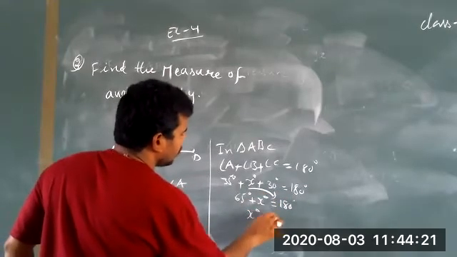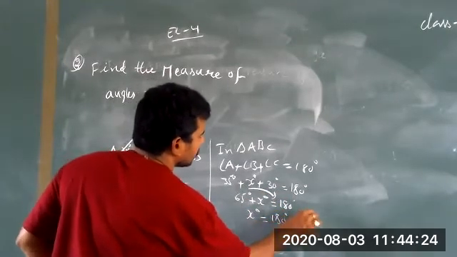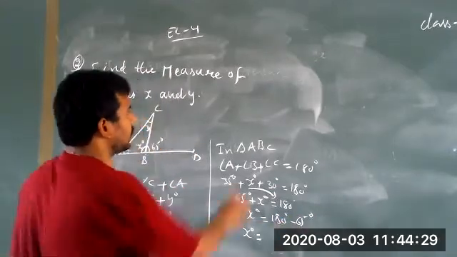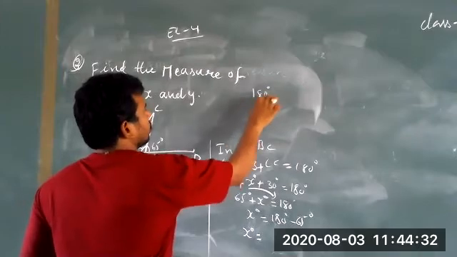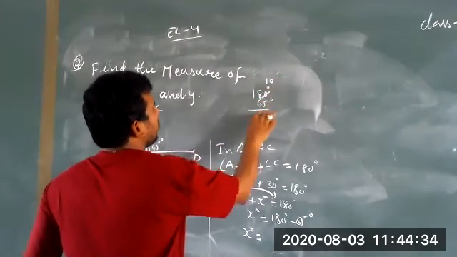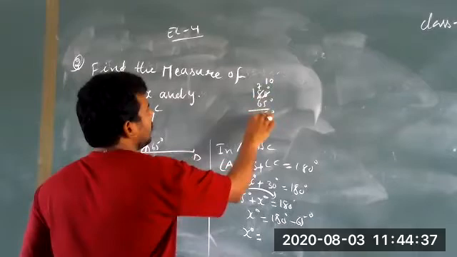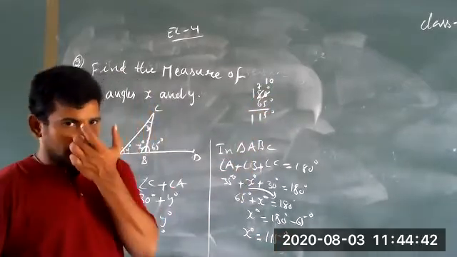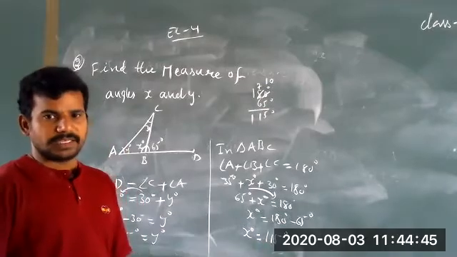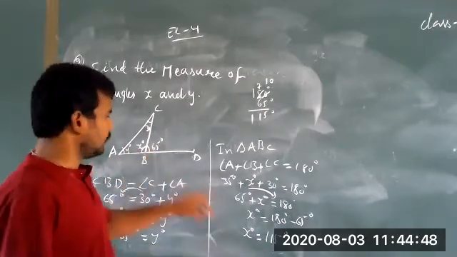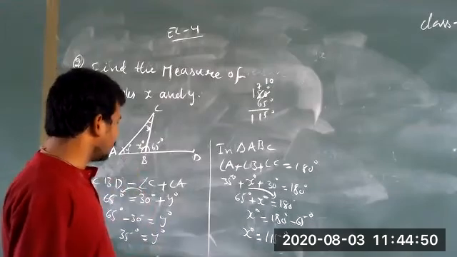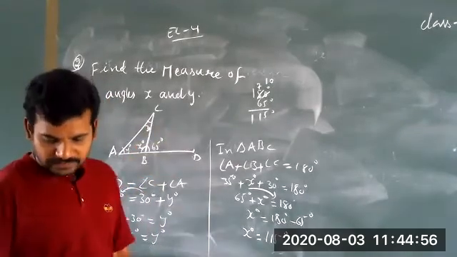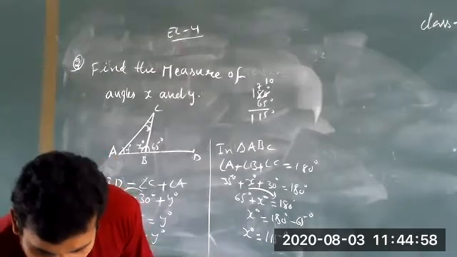So x degrees equals 180 minus 65. 10 minus 5 is 5, 7 minus 6 is 1, so 115 degrees. So x is equal to 115 degrees, y is equal to 35 degrees, the exterior angle is 65 degrees, and the angle is 30 degrees. Clear, children? Next problem.